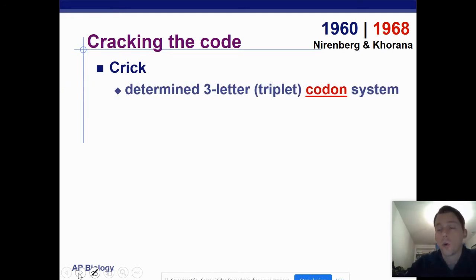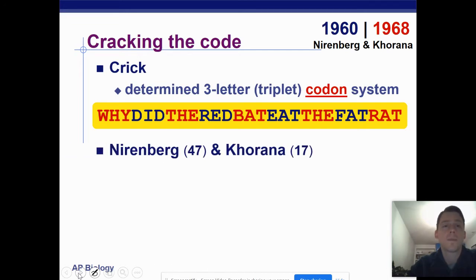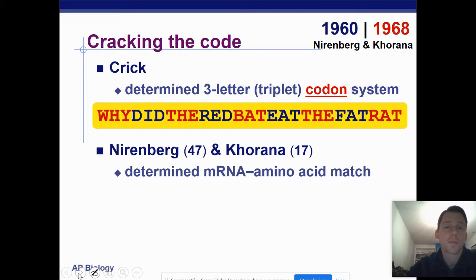Crick, of Watson and Crick fame, discovered the triplet codon system. He discovered that the codons could be read in groups of 3. Nirenberg and Khorana determined the mRNA amino acid match. They figured out which codons coded for which amino acids, so they sort of cracked the code of translation.